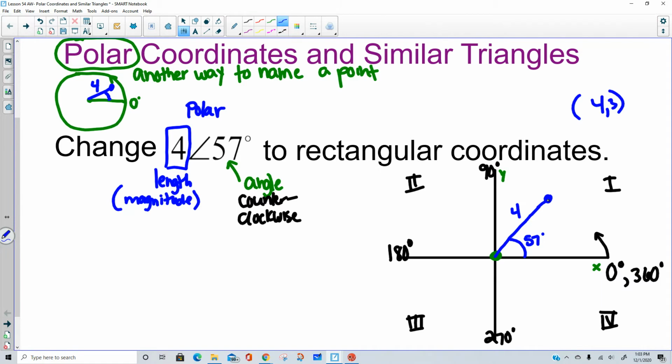Just another way. So now that we found the point, what does this ask us to do? Change the polar point to rectangular coordinates. Rectangular coordinates similar to this, but a little bit different. Right? Similar but different. What we're going to do is that's what we're going to learn today.